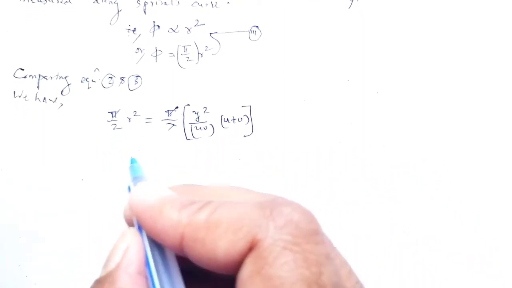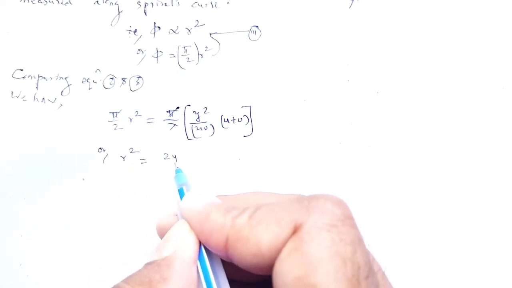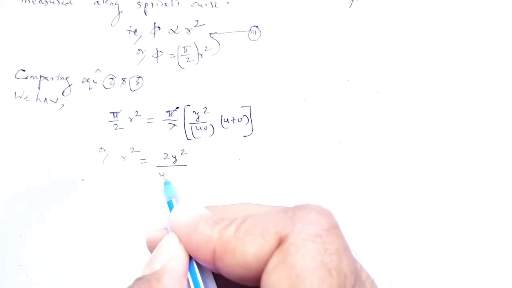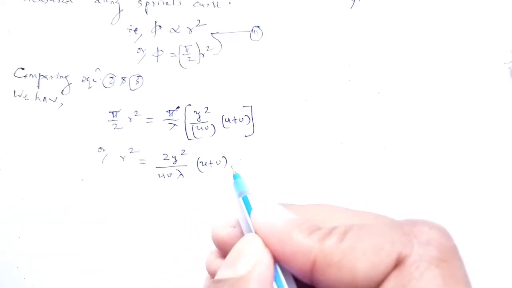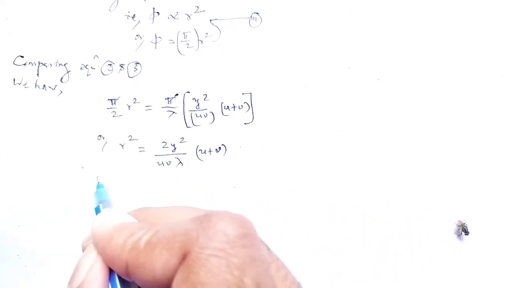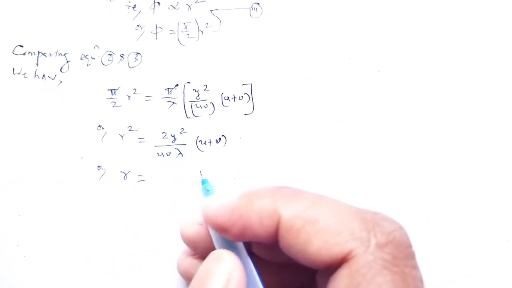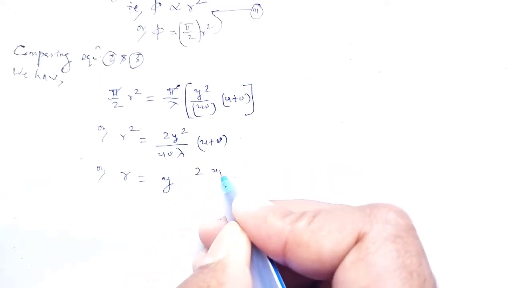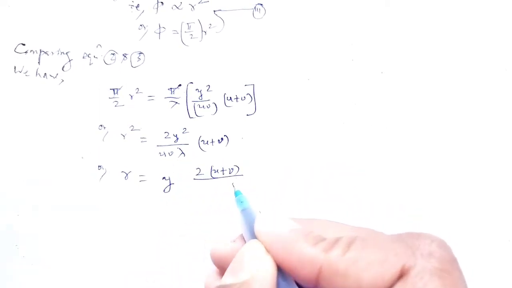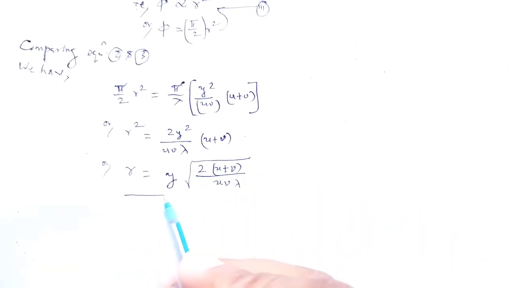Pi cancels out, or r square is equal to 2y square divided by uv lambda into u plus v, or r is equal to, taking the square root, y times the square root of 2 (u plus v) divided by uv lambda.